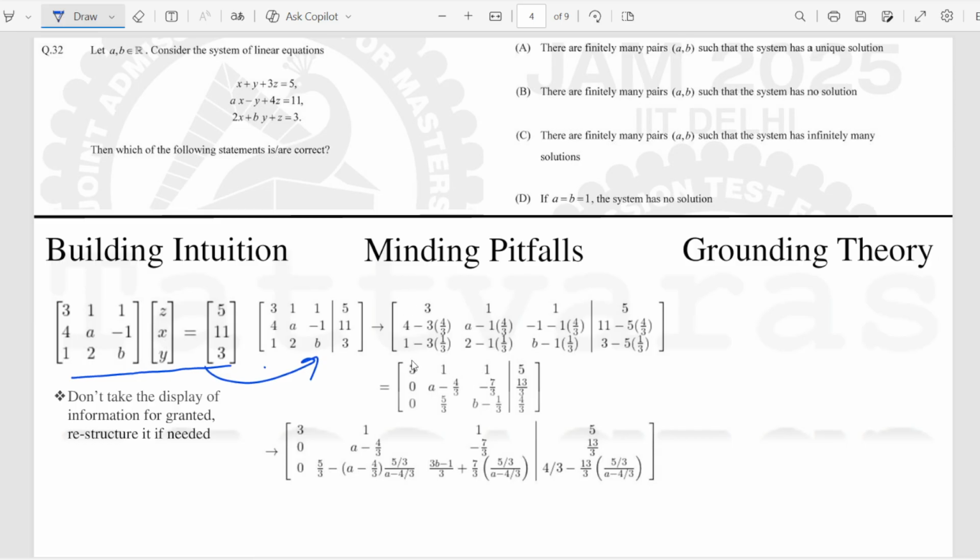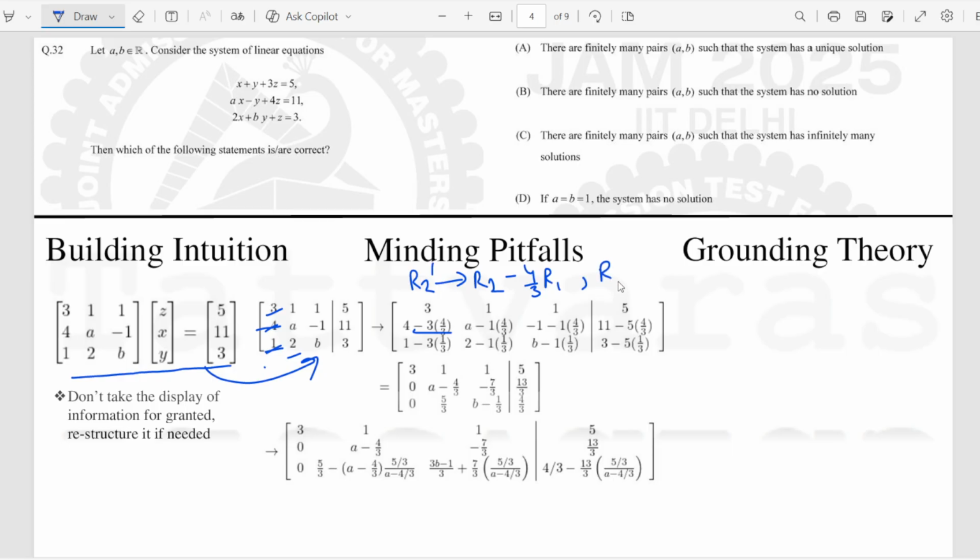Then what we do is, the motivation is to make this zero, this zero, this zero. So we start with taking the use of this row to make the elements over here and here zero. So we modify row 2, new row 2 to be row 2 minus 4 by 3 times row 1, because this would ensure that this thing becomes zero, and every other element we do the corresponding multiplication with the above row 1.